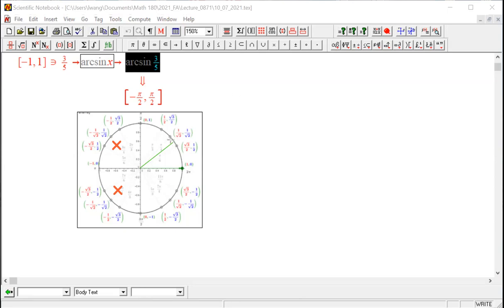So this point on the unit circle also has a blue number and a red number. The blue number is for the sine, the red number is for cosine. So what would be the blue number? What would be the red number?